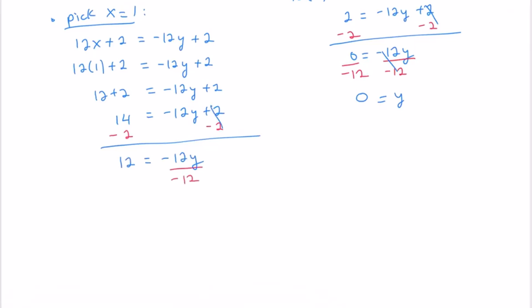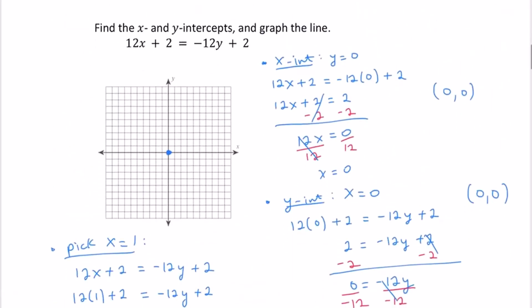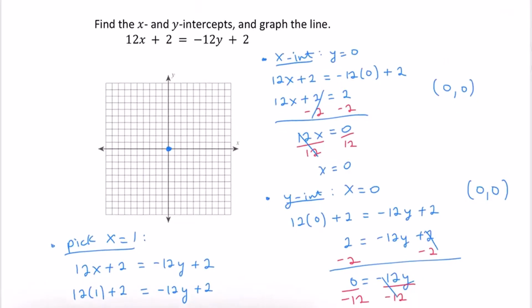Divide out the negative 12. So we have y is equal to negative 1. So here, the x value is 1, the y value is negative 1. So let's graph the point 1, negative 1. We need to go over to the right one and down 1. So this is our point here. Connect the dots to make the line.